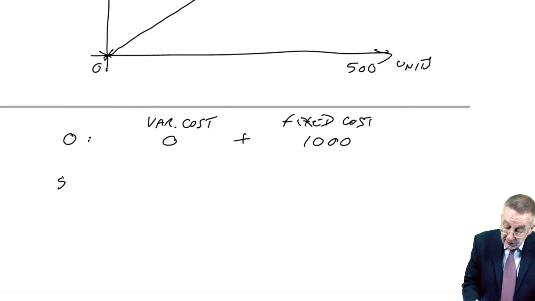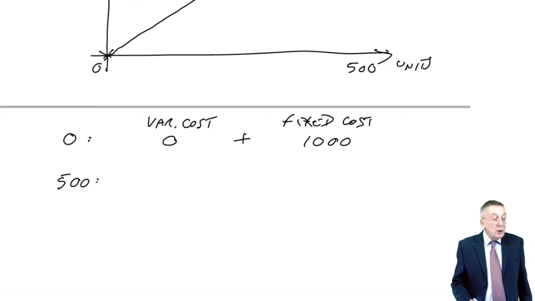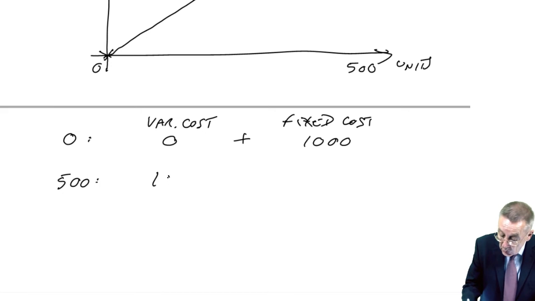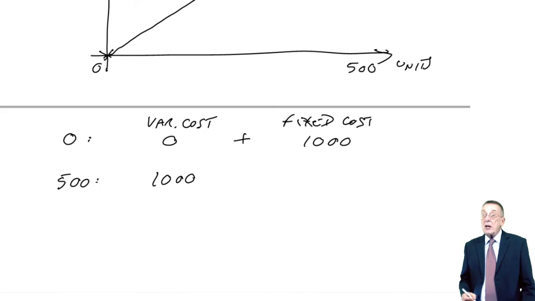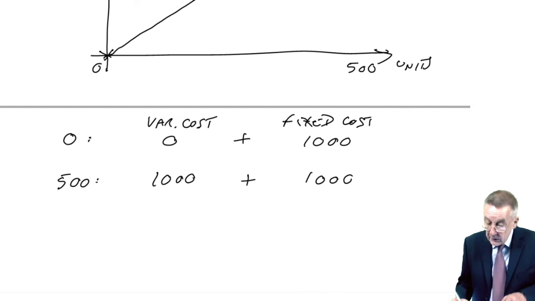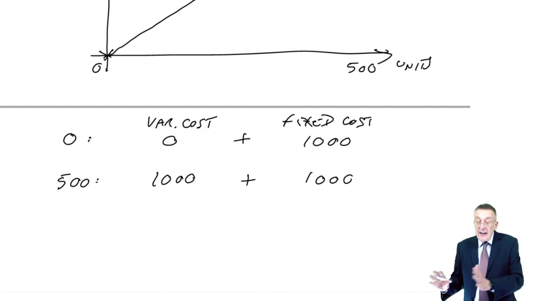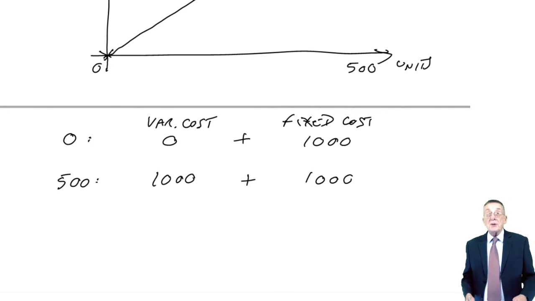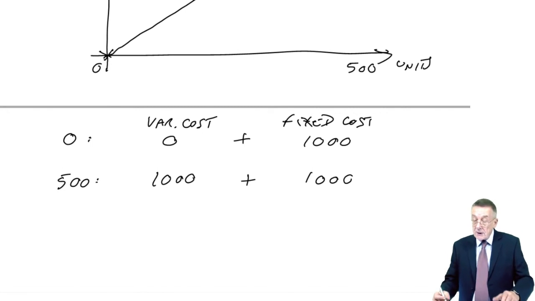What happens if we sell 500 units? Well, the variable cost was, I think, $2 a unit. So in total, the variable cost will be 1,000, and we've still got the fixed costs of 1,000. So whatever happens, the fixed cost is 1,000. The variable cost, of course, more units, more cost.